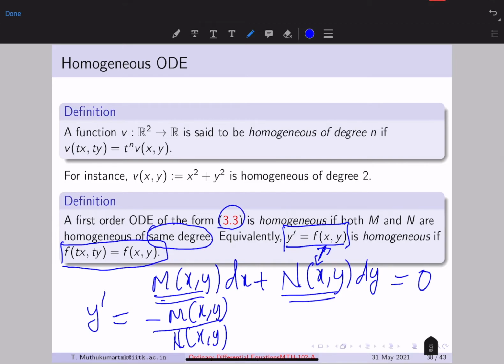Now if both M and N are homogeneous of the same degree, then this is your f(x, y). So if you look at f(tx, ty), wherever you have x and y, you put tx and ty.